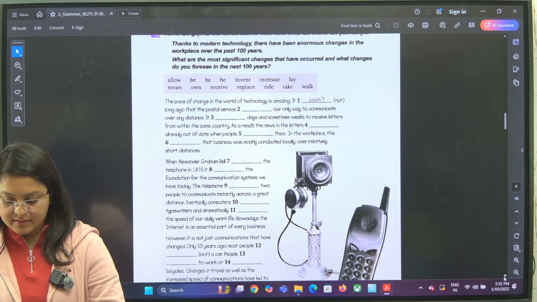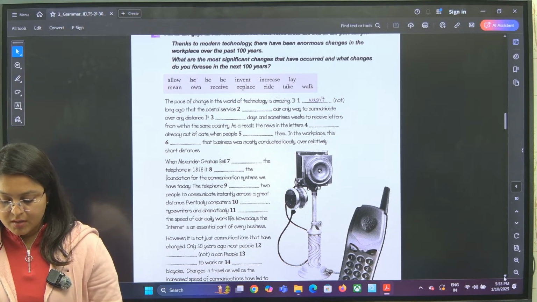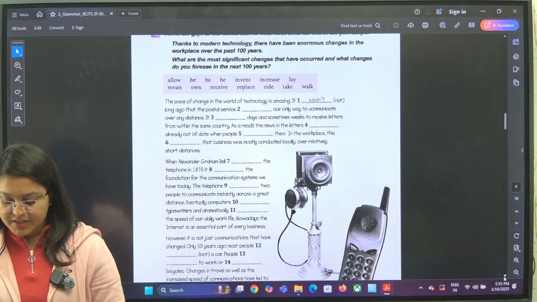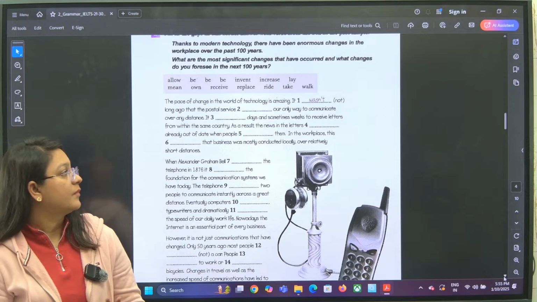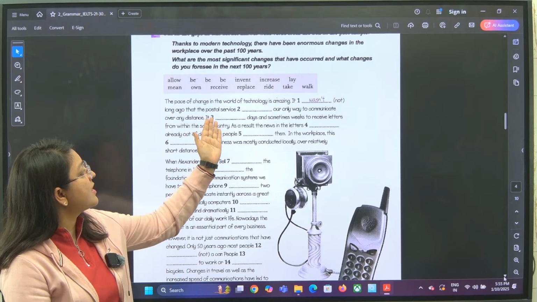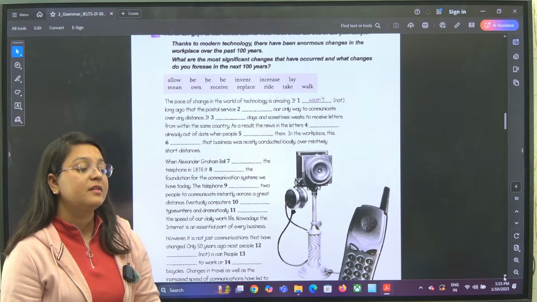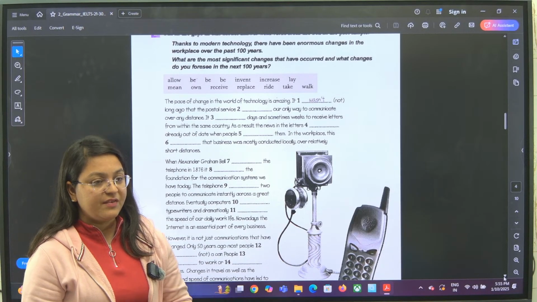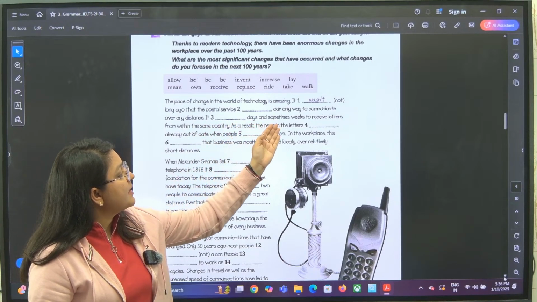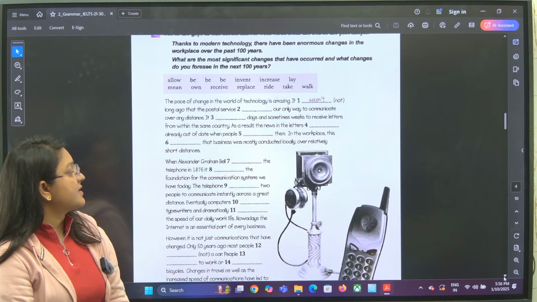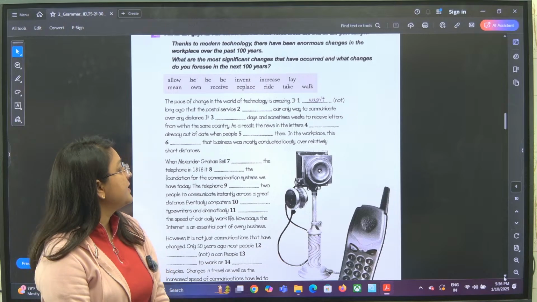Number one is already done. Number two, long ago the postal service dash our only way to communicate. Was our only way to communicate. It dash days and sometimes weeks to receive letters. Took, correct.